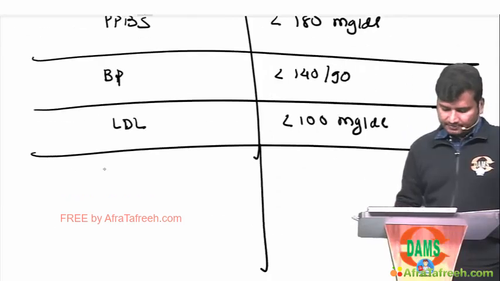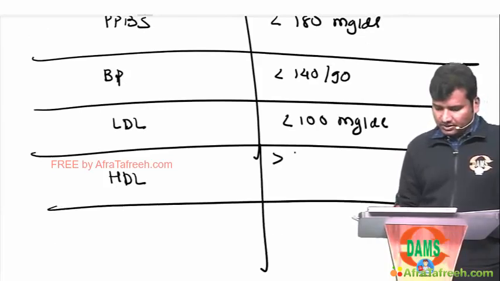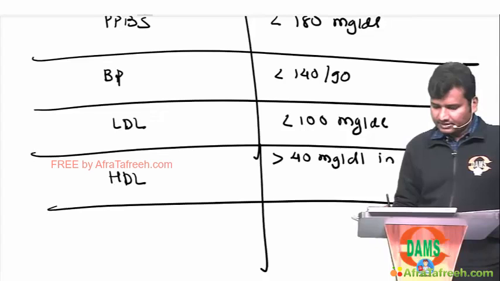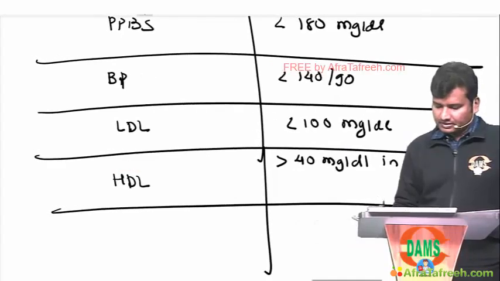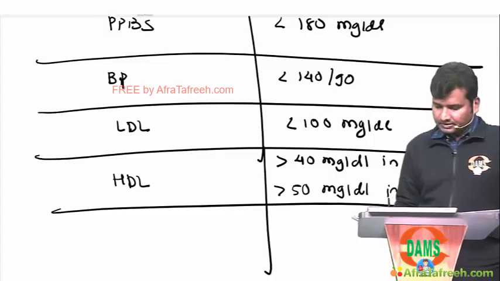HDL more than 40 milligram per dl in males and more than 50 milligram per dl in females.